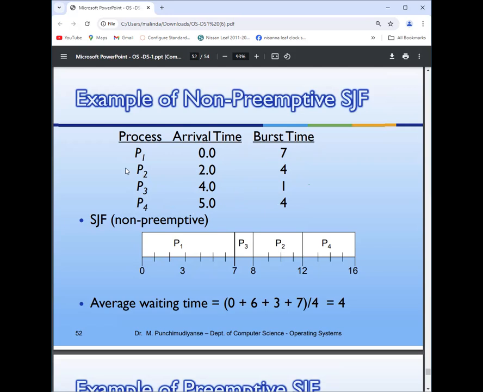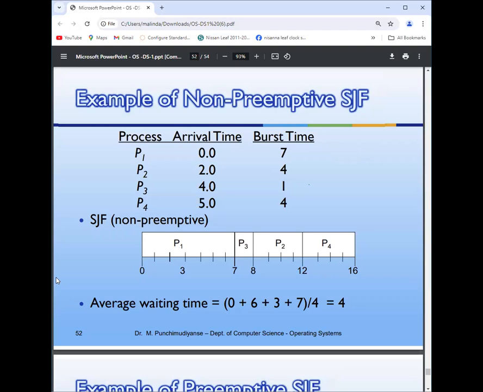Based on this data, we have to draw a Gantt chart for the non-preemptive shortest job first algorithm. Non-preemptive means once the CPU time is given, you cannot take it out. That's the definition.